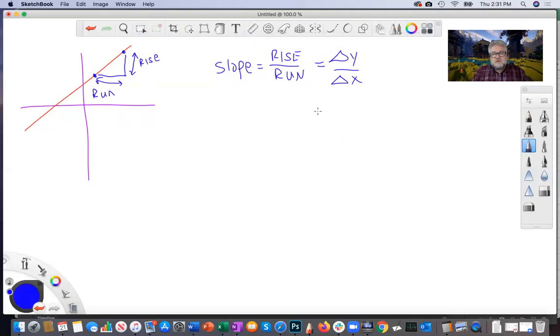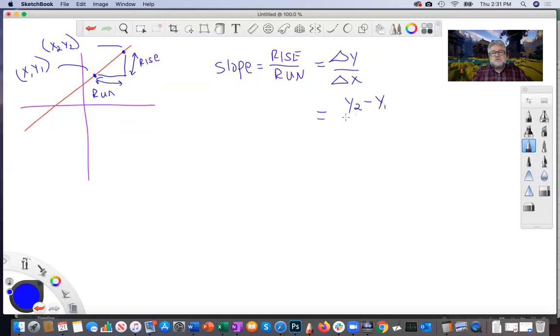So in this case, for the slope, if this is the point x1, y1, and this is the point x2, y2, then this distance here, like we did with the distance formula in the last unit, is going to be y2 minus y1.